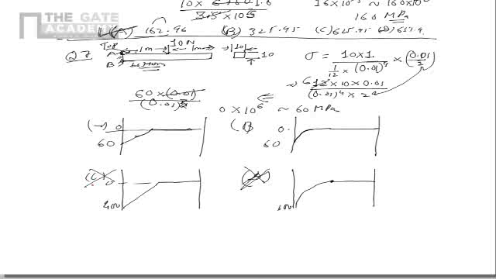Now the two options, the variation of bending stress. The bending stress is proportional to the force multiplied by the distance, and distance is a linear variation here.